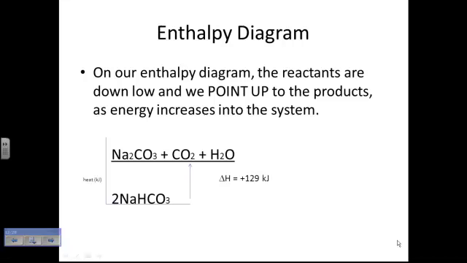Therefore, you see the delta H pointing up. As the reactant down low forms the products up high, the system gained heat. We are separating the reactant from products by 129 kilojoules of heat. Now friends, it doesn't matter to me how you arrange them.